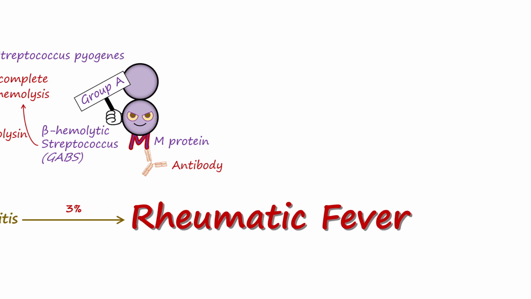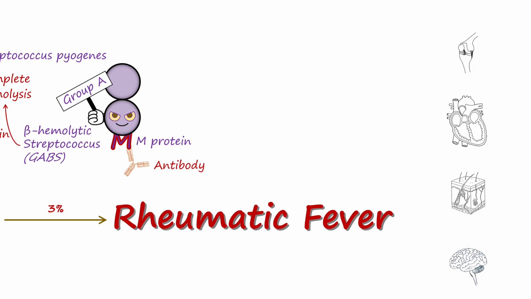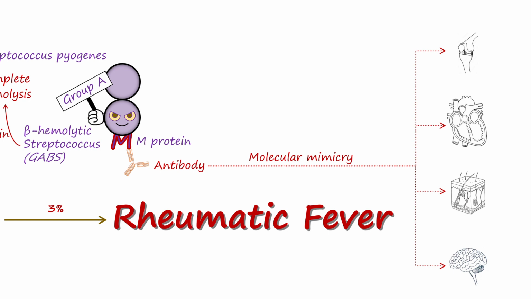This M protein bears a striking resemblance to proteins found on certain cells in our own body, such as those in the myocardium, heart valves, joints, skin, and brain. Consequently, the antibodies generated to combat the bacterial M protein can mistakenly target and attack our own cells. This phenomenon, known as molecular mimicry, leads to a cytotoxic reaction or type 2 hypersensitivity reaction.